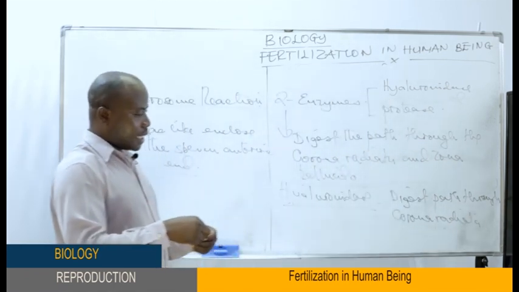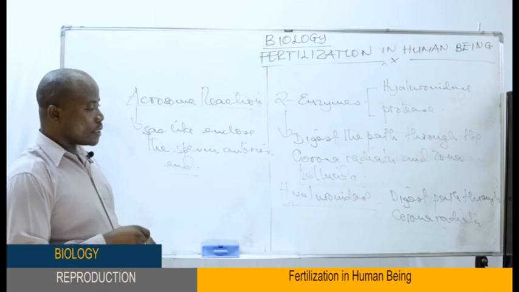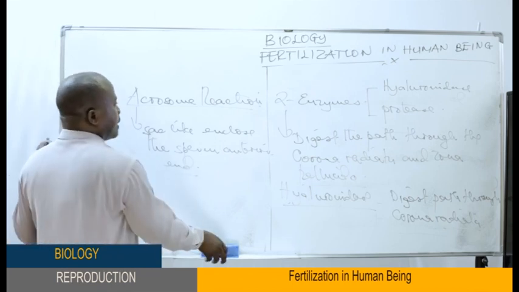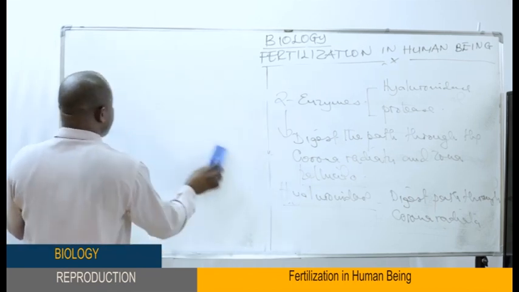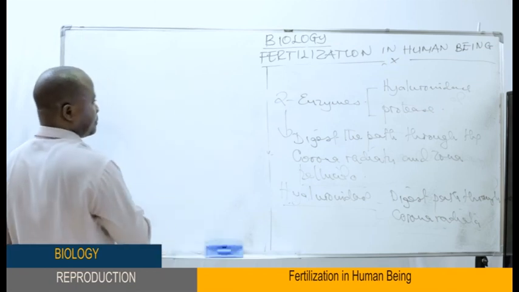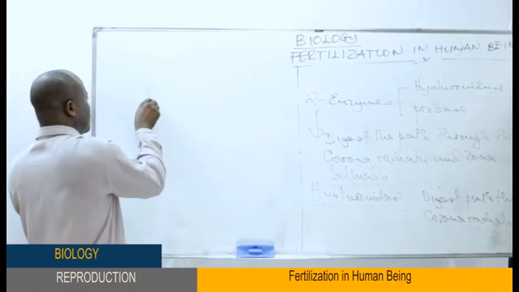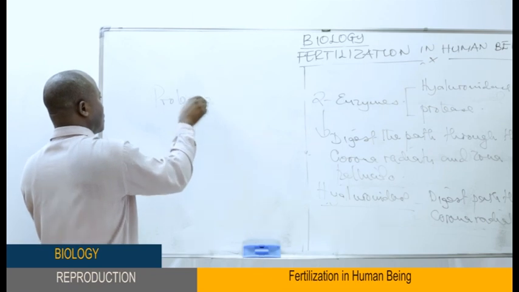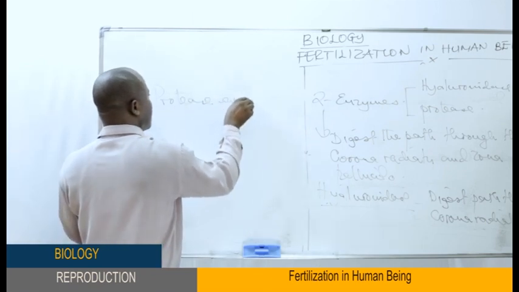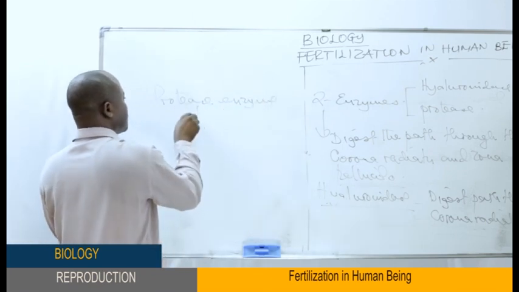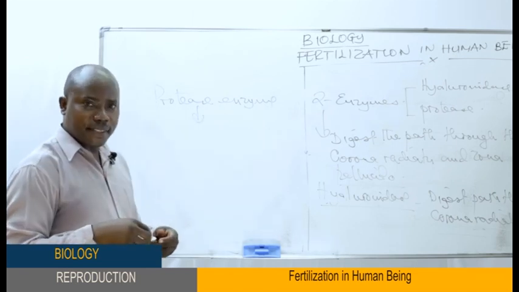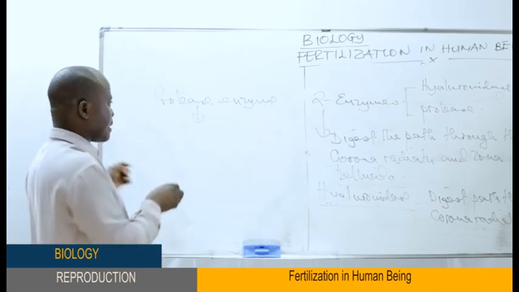This is the outermost layer of the female reproductive cell. But also the protease enzyme. This digests the path through the zona pellucida.